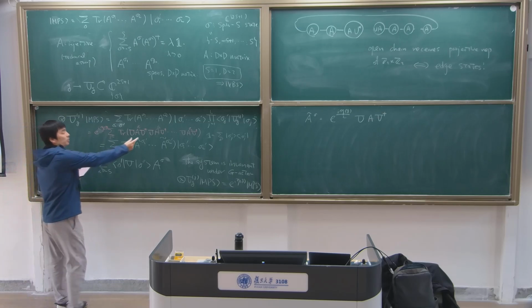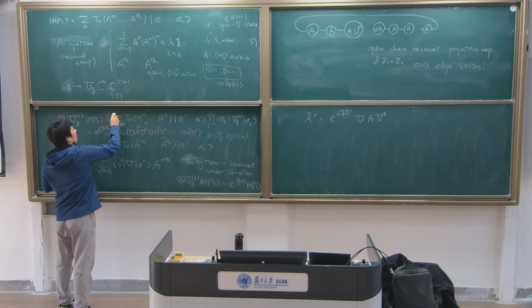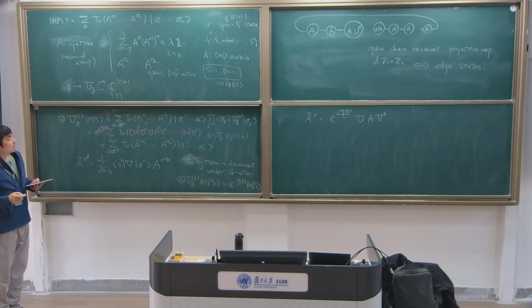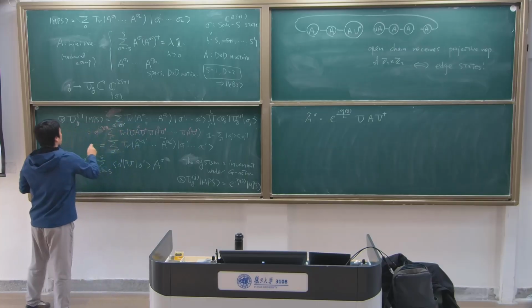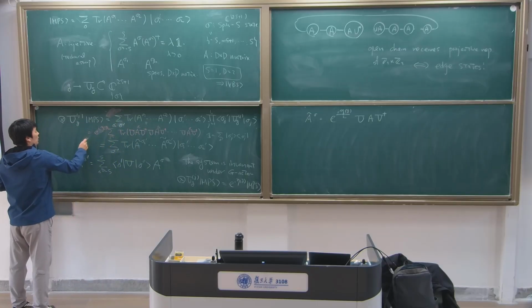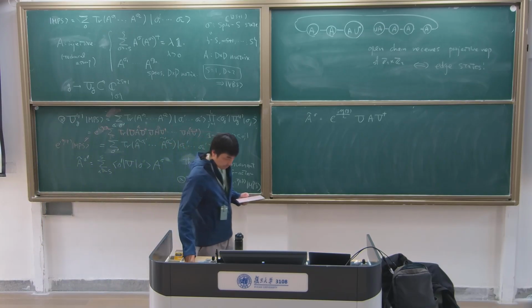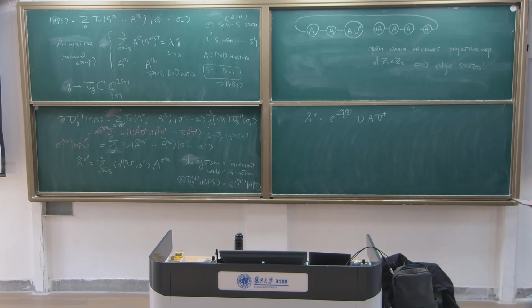Therefore, u dagger and u cancel to get the original state times e to the i a g. Okay. So this one is essentially equal to e to the i a g times n. Therefore, this is a sufficient condition.